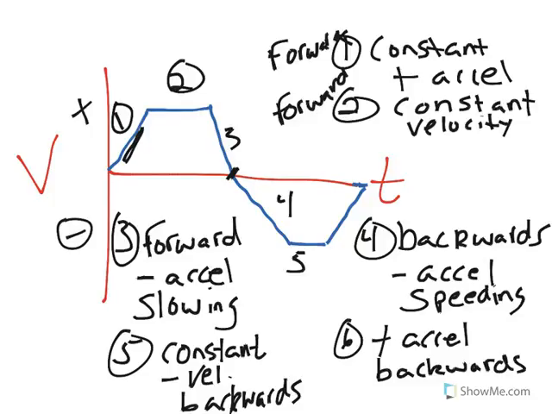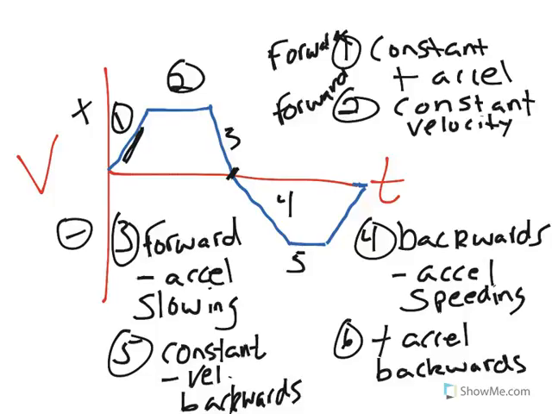We also know that there is no acceleration because the velocity is not changing with time. Third section, he's still moving forward because his velocity is still positive. He does have a negative acceleration, though, because the slope is negative. And this guy is slowing down because he is moving from a greater speed to a lesser speed.